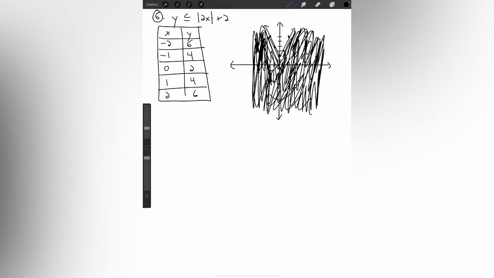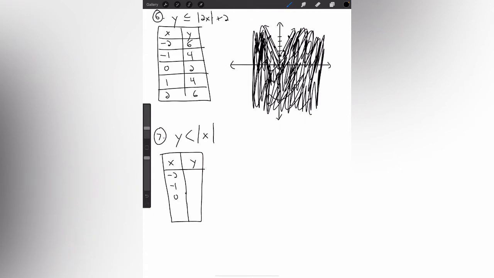All right, number 7. Number 7 is y is less than the absolute value of x. So we'll go ahead and make our table here. This one's going to be an easier one. So we'll say -2, -1, 0, 1, and 2. The absolute value of -2 is 2, of -1 is 1, 0 is 0, 1 is 1, 2 is 2.